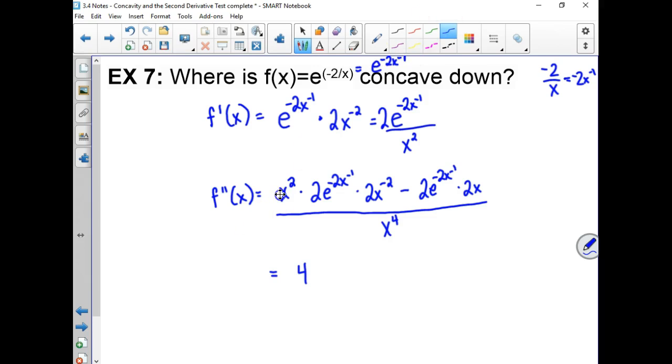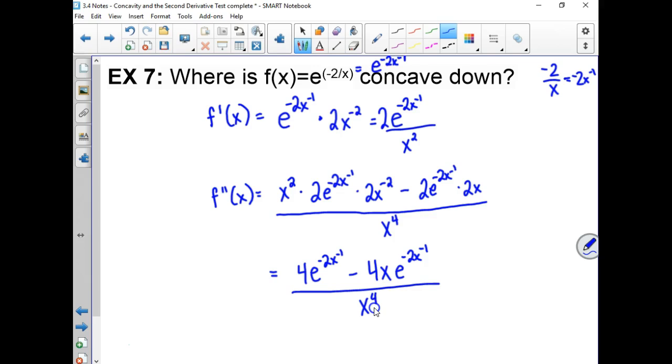What happens when we have an x squared and an x to the negative 2? They cancel each other out there. So we're just going to have 4e to the negative 2x to the negative 1, minus, and here we'll get 4x e to the negative 2x to the negative 1, all over x to the 4th.